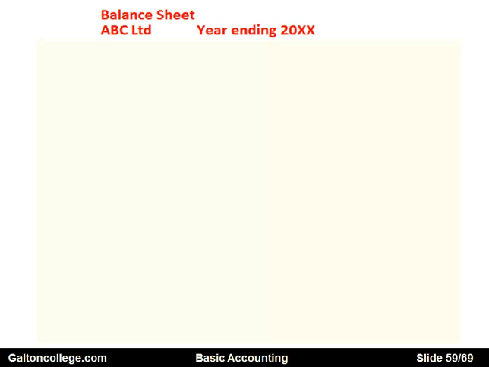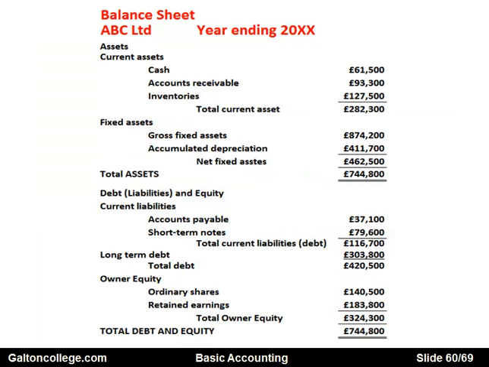Now a balance sheet for the company ending the same year, let's say, the balance sheet would be divided into this type of arrangement here. On the top we have assets, current assets and fixed assets, giving us total assets. So total assets here, for example, is £744,800.